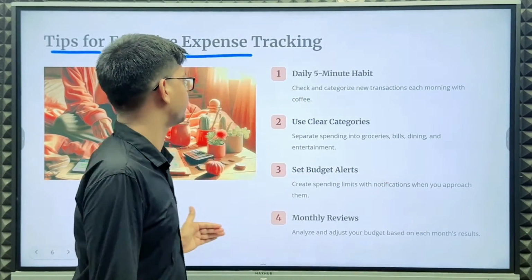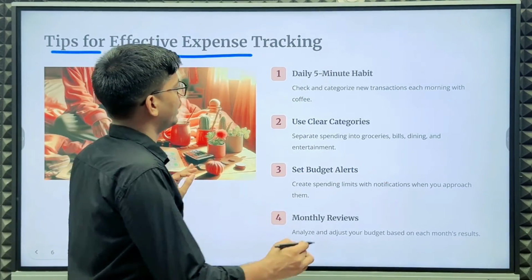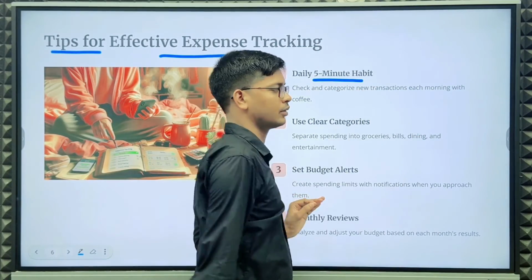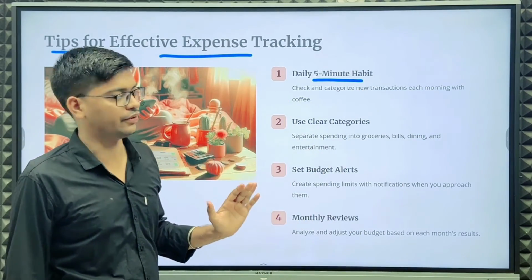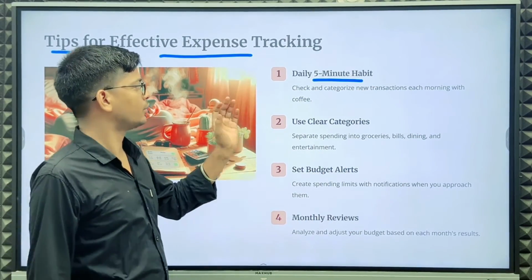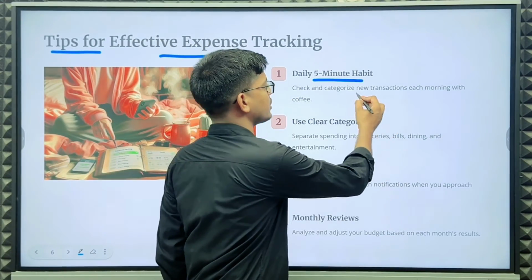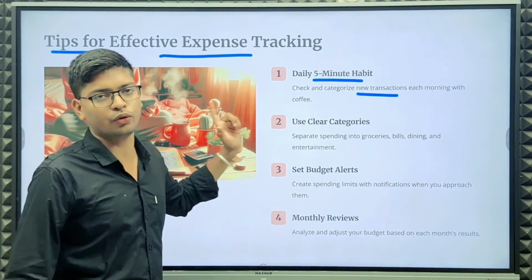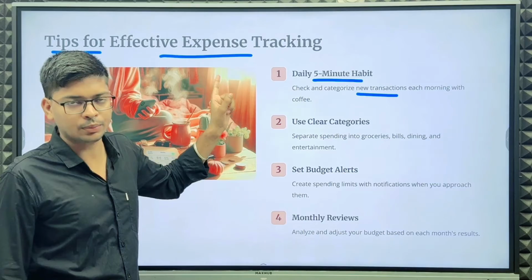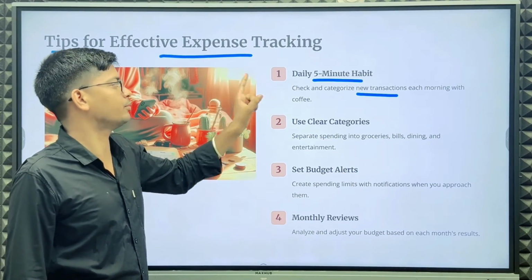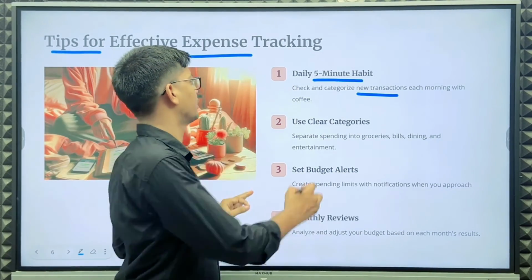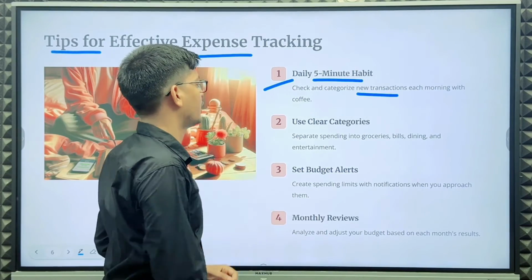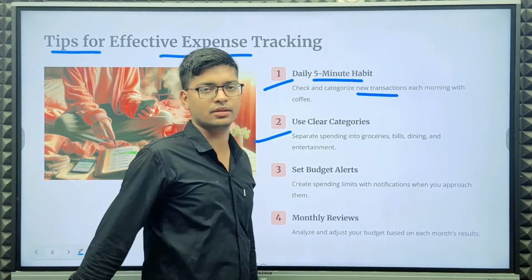Okay, first of all, daily five-minute habits. Set and categorize new expenses each morning with coffee. Next, use categories.